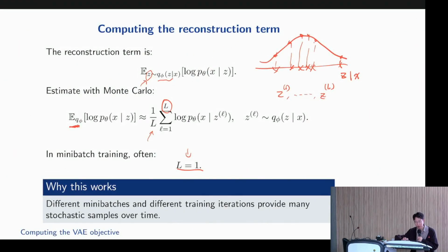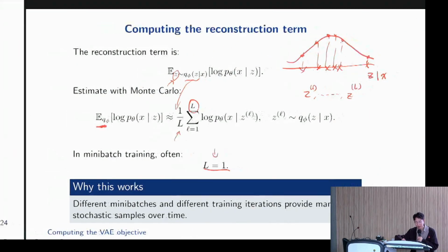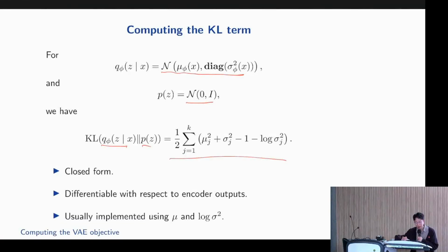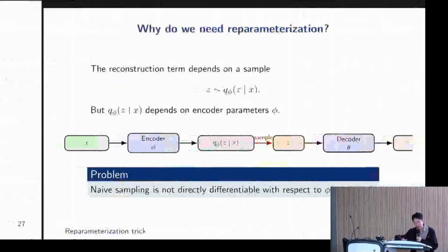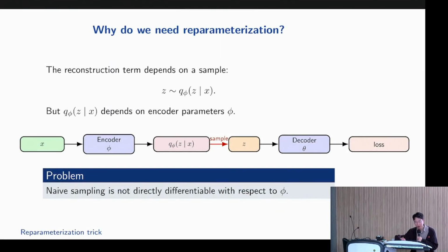Expectation, we're just going to replace it with sample mean. And KL, we worked out and had a closed form solution, and it was differentiable. But there's one very important problem if you actually want to implement this, which you have to for the homework anyways.